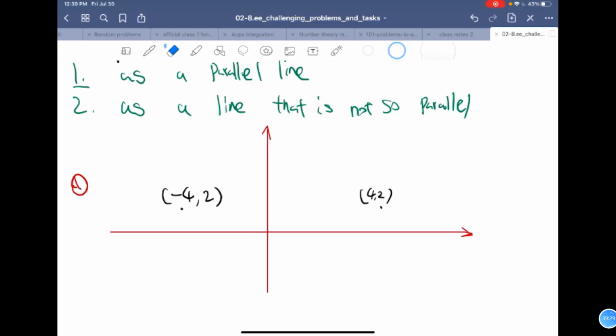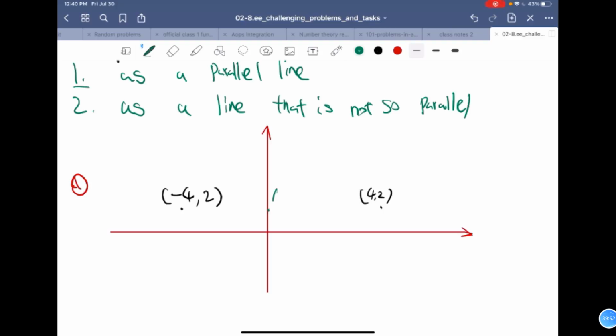Tim, what is the midpoint between (-4, 2) and (4, 2)? Simply, a 0? Midpoint. It's a coordinate. It's not just a point. Isn't it (0, 2)? Yes, sir. (0, 2), right?